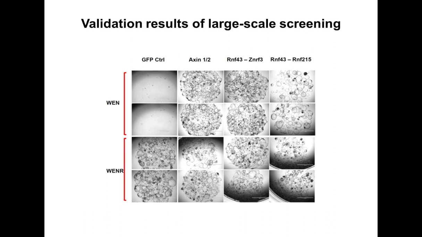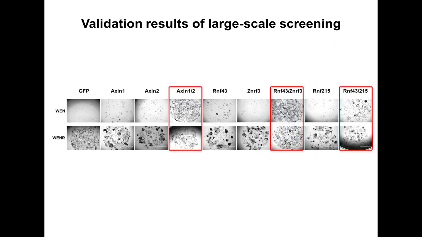And this is solely due to the genetic redundancy, because if you separate the guide RNAs to knock out just Axin 1 or Axin 2, there are no surviving organoids without R-spondin. Same goes with RNF43 and ZNRF3. And even the RNF43 and RNF215 pair is the case. So if you simply knock out RNF215 alone, there is no survival at all.